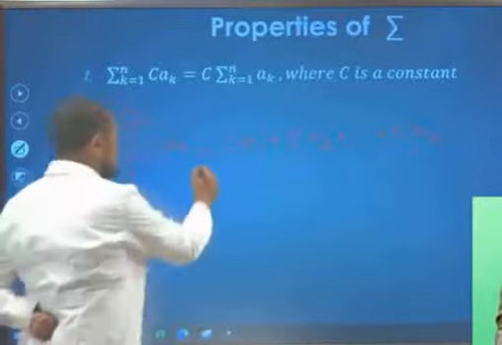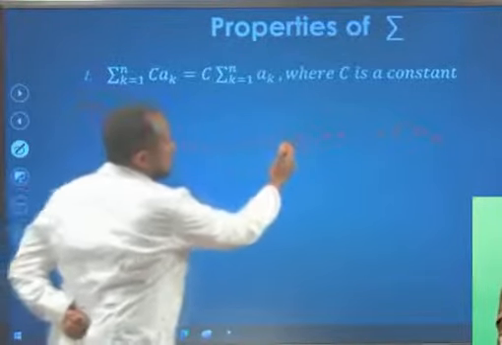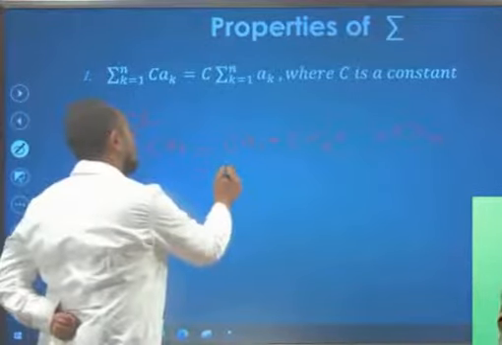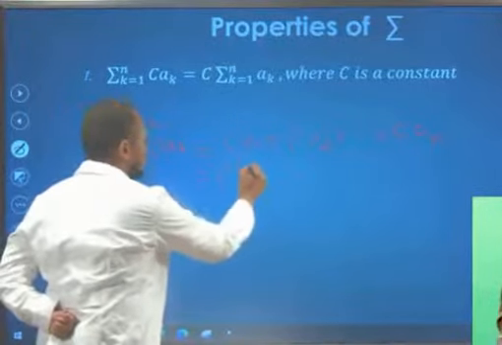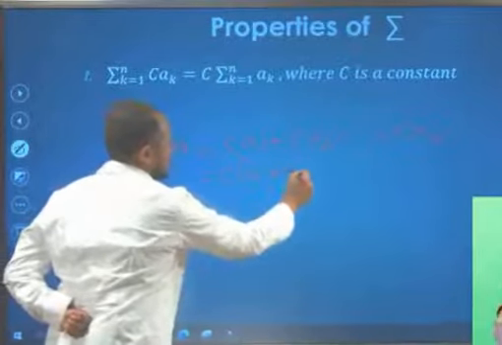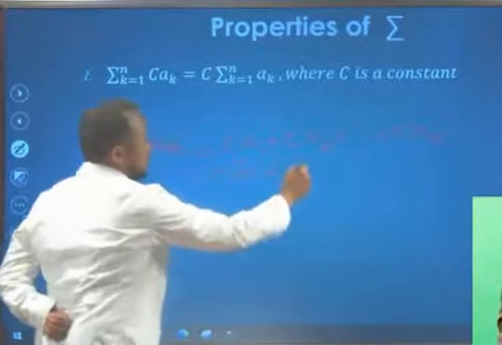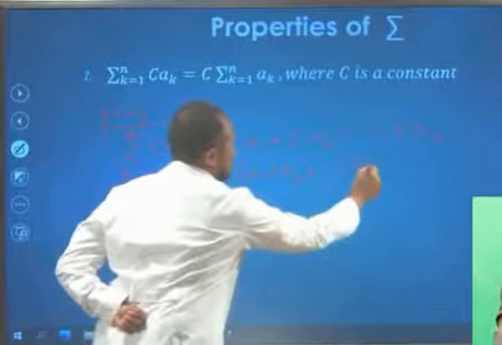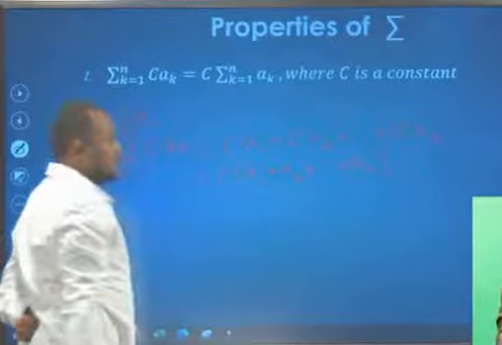From this, you can factor c outside of this sum. So c times a_1 plus a_2 plus up to a_n.